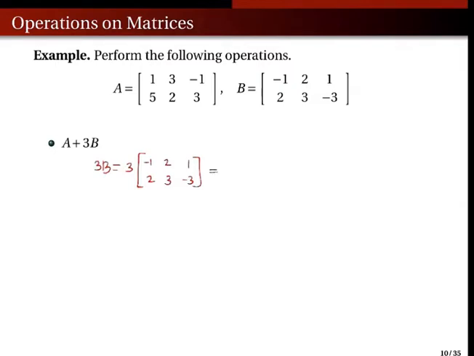So 3 times negative 1, that's negative 3. 3 times 2, that's 6. 3 times 1, that's 3. 3 times 2, that's 6. In this part, 3 times 3, that's 9. 3 times negative 3, that's negative 9. And then a plus 3b.